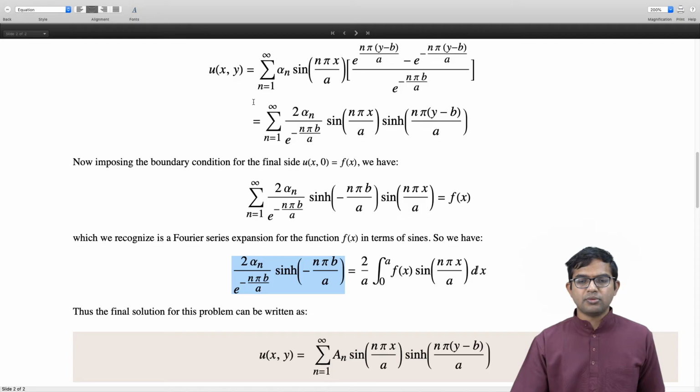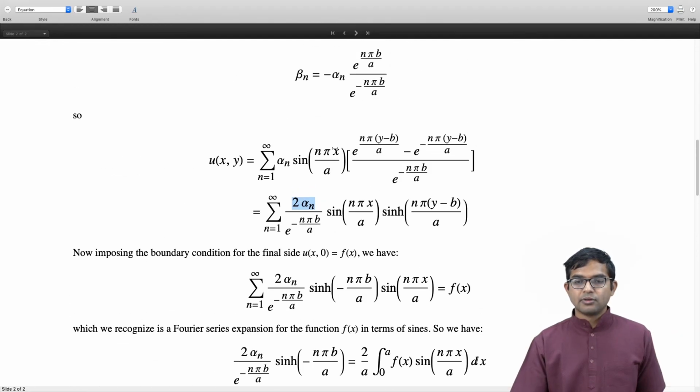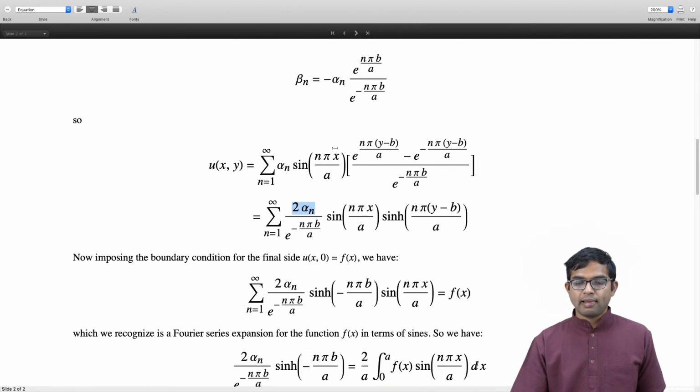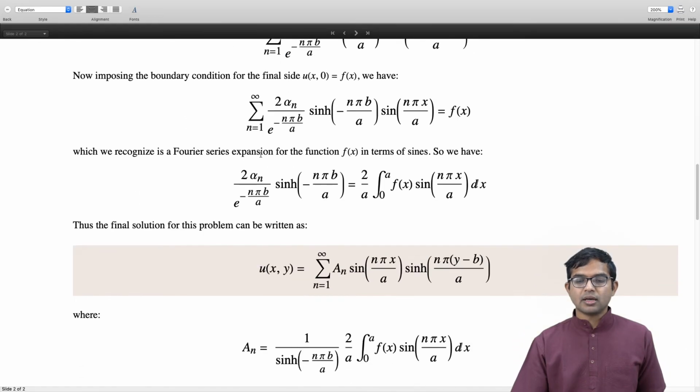Now u of x comma y is nothing but the summation over n going from 1 to infinity of An times sine of n pi x by a times hyperbolic sine of n pi times y minus b divided by a, where these coefficients An are given by this whole stuff. This capital An is actually nothing but this small 2 times alpha n, so you have to be careful about this factor.